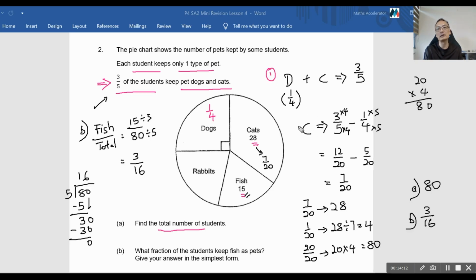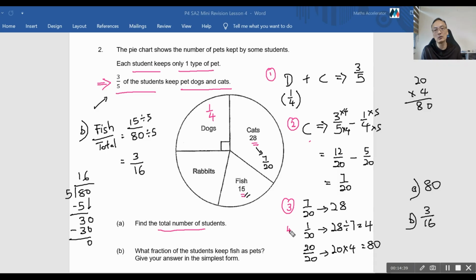Step 2, we did a subtraction so that we can find the fraction that represents the students who kept pet cats. So we carry out the subtraction and we arrive at 7 over 20. Next, we form the equation where 7 over 20 represents 28 students. Okay, this is step 3.